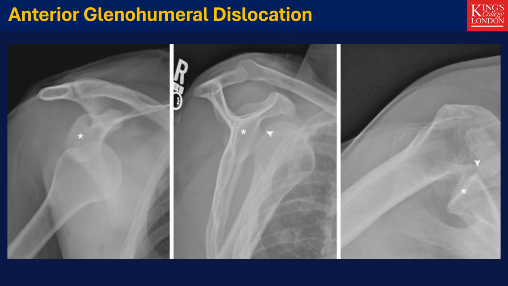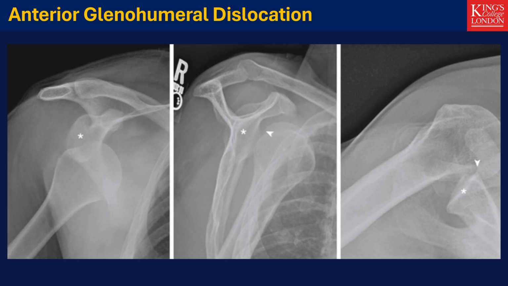Anterior dislocation is the most common form of glenohumeral instability and accounts for the vast majority of traumatic shoulder dislocations. On the AP view, the humeral head is displaced medially and inferiorly, typically positioned beneath the coracoid process in a subcoracoid location.